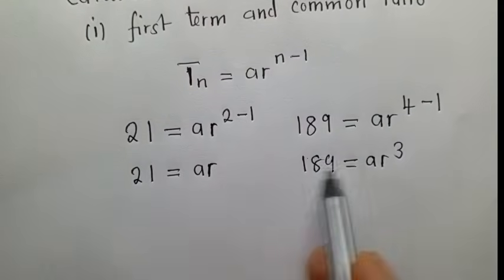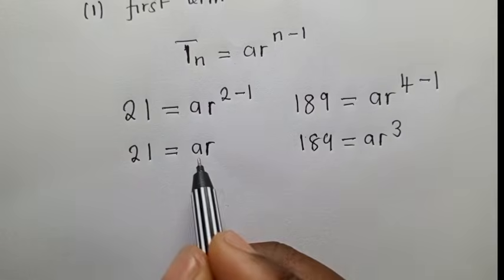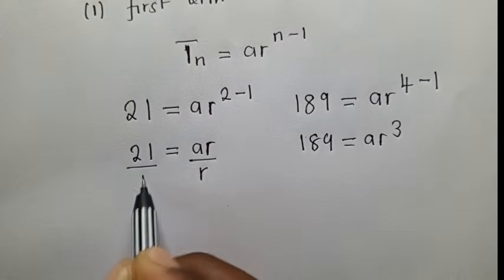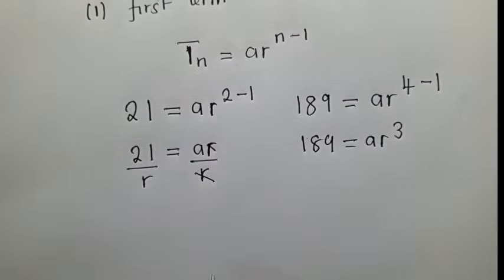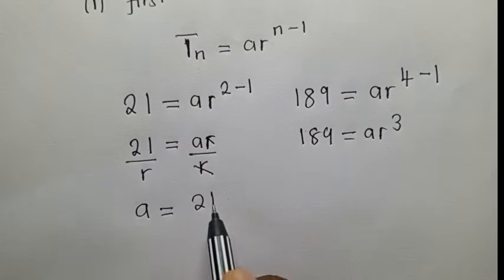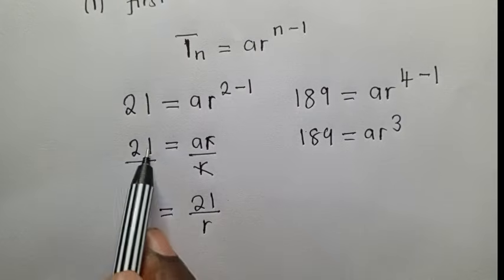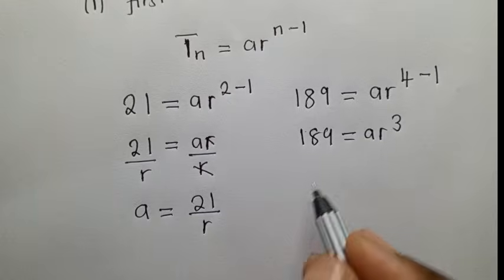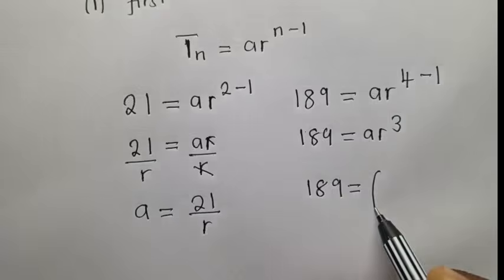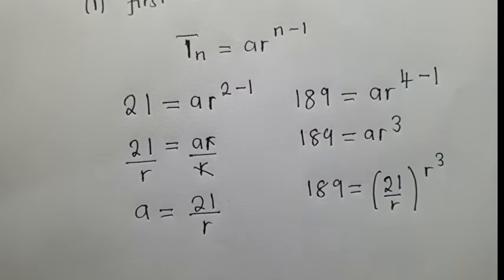Once we get these two equations, we solve them simultaneously, by substitution. In the first equation, I'll divide by R on both sides, such that the R and the R go, so I remain with A equals 21 over R. Now I can substitute into the other equation: where there is A, I substitute 21 over R, and then power 3.